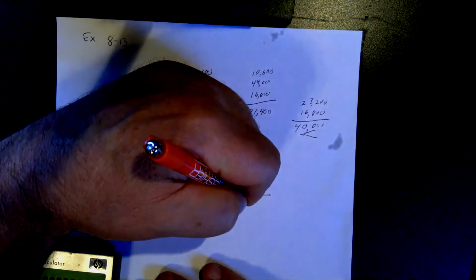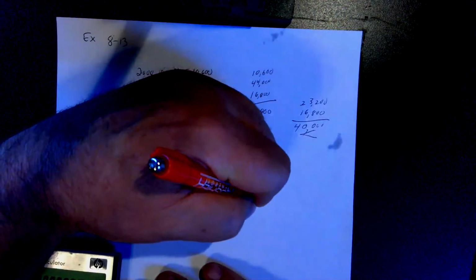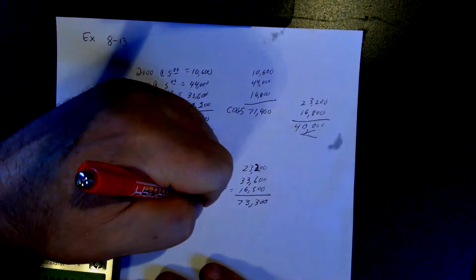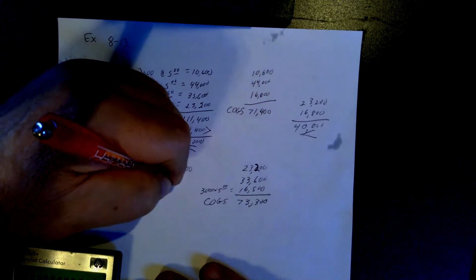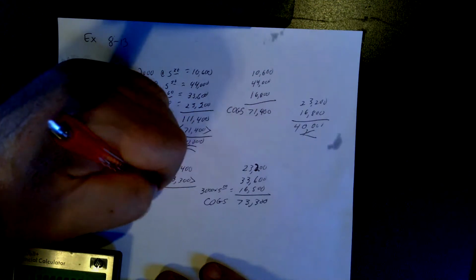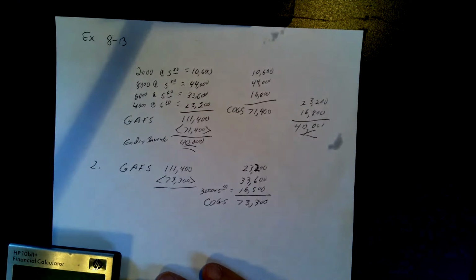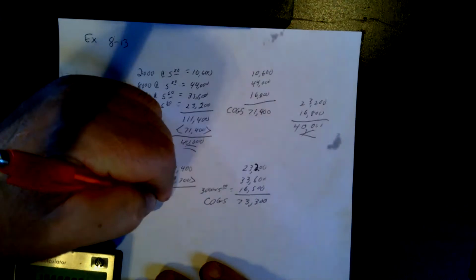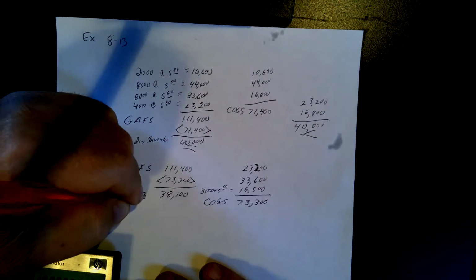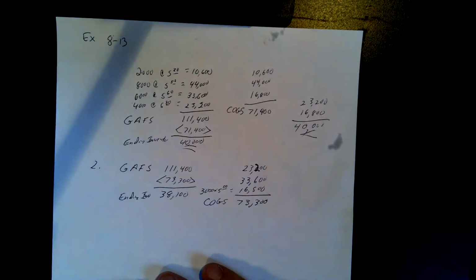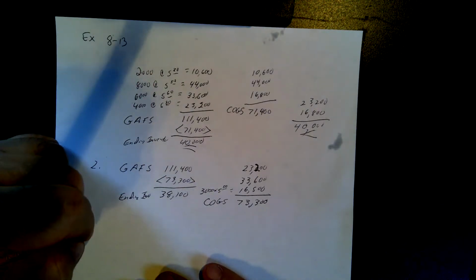That will be 73,300, and this is our cost of goods sold. So we subtract that. We get 38,100 is our ending inventory for part 2. And then part 3 is the weighted average method.